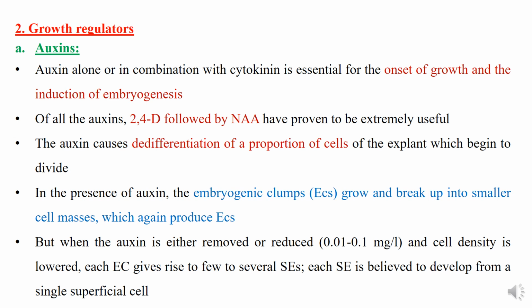Then the embryogenic callus gives rise to several somatic embryos, which are believed to develop from a single superficial cell. Initially that single cell will multiply and form the callus. From that callus, somatic embryos are formed.